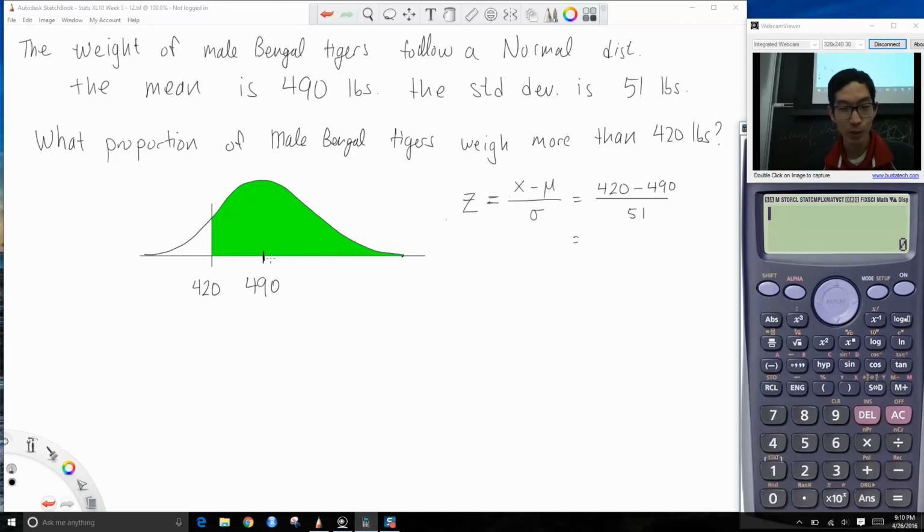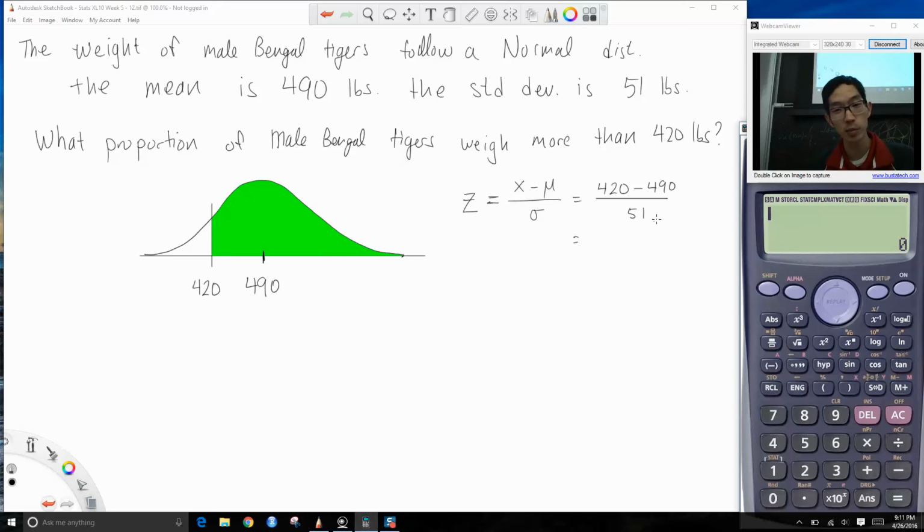Okay, so we first want to turn 420 into a z-score. And so our z-score is going to be x minus mu divided by sigma. And I do think that's helpful because that will help students avoid problems where they mix up the 490 and the 420, okay? And so we put 420 minus 490 divided by 51.